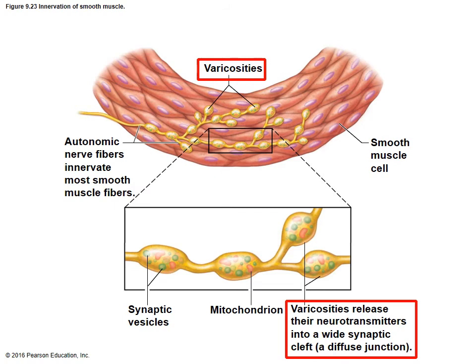So oftentimes they'll talk about the fact that the transmitter will diffuse into the opening and make contact with the smooth muscle. So they like to call it a diffuse junction. So varicosities and diffuse junctions, whenever you see that terminology, please keep in mind that describes the relationship between the nerves and smooth muscles.